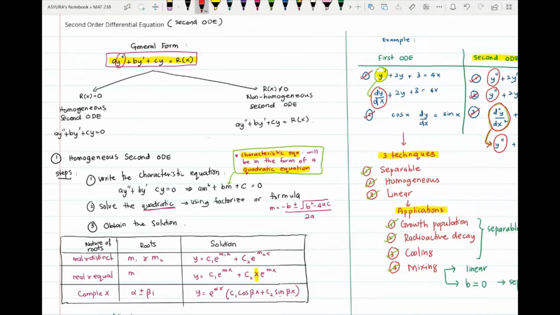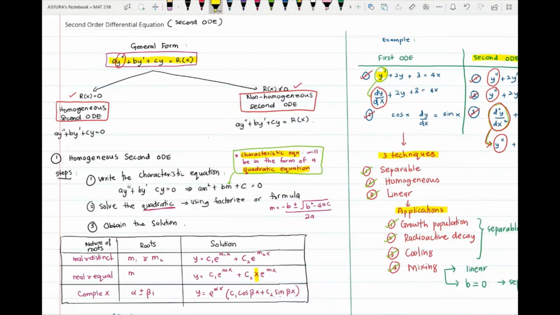We have two types of second ODE: homogeneous second ODE and non-homogeneous second ODE. If your r(x) equals 0, then we call it homogeneous second ODE, and if your r(x) does not equal 0, then it is non-homogeneous second ODE.